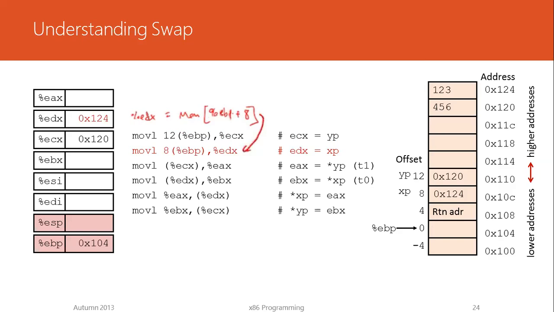So now EDX holds 124, which is the address held by the pointer XP, and ECX is holding 120, that is the address held in the pointer YP. Okay. So what we want to do now is store the contents of the pointer YP into EAX. But remember, we just put YP into ECX.